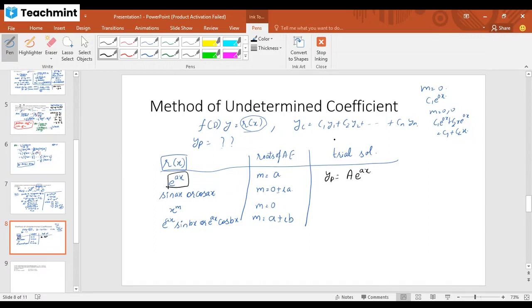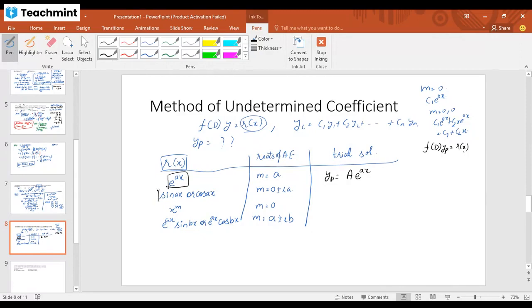Because the particular integral is a solution of the non-homogeneous differential equation. That means when we substitute the function in the left hand side, it will give you the right hand side. Your left hand side contains the function and its derivatives, and the derivative of an exponential function is the exponential function. That's the reason we use our trial solution as A times e power ax.